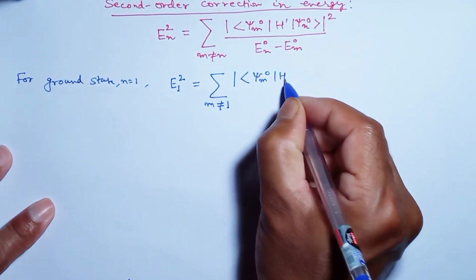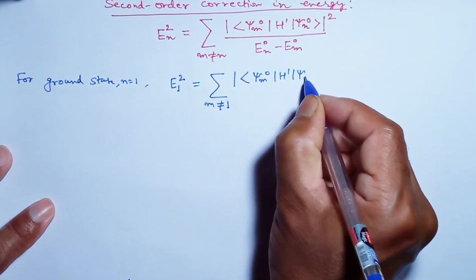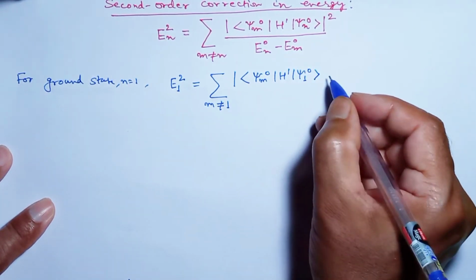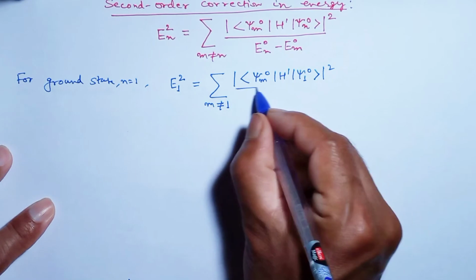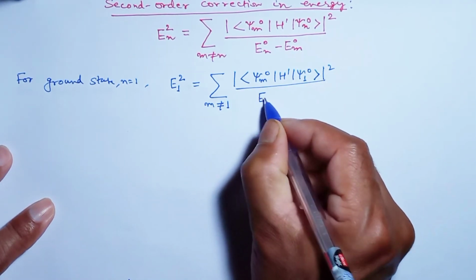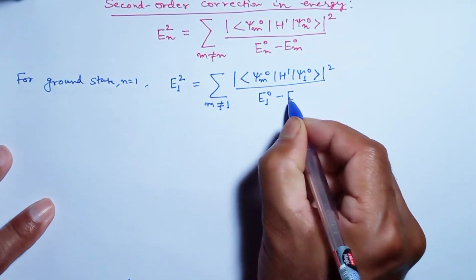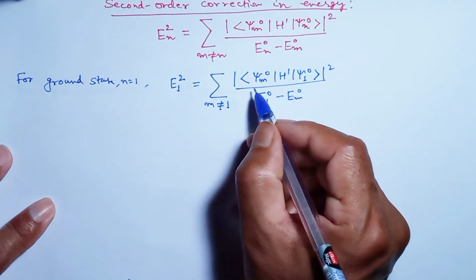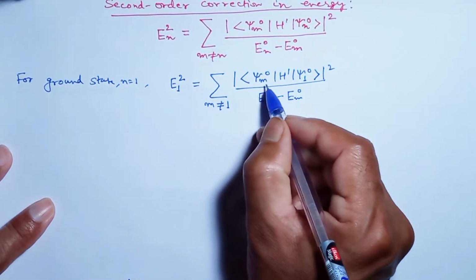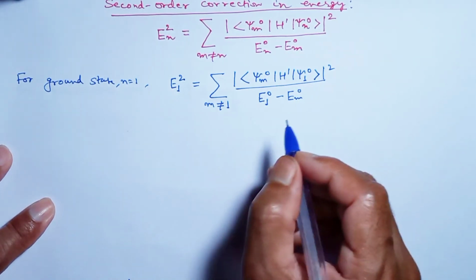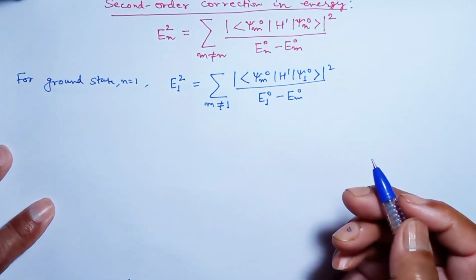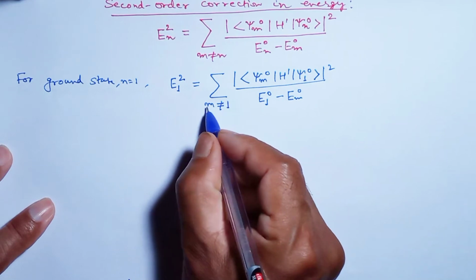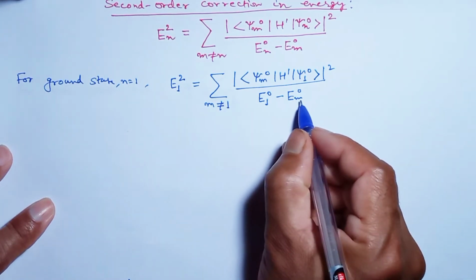Bra psi m0 H prime psi 10 square, divided by E10 minus Em0. This is a square of the mod of bra psi m0 H prime psi 10 divided by E10 minus Em0. M is not equal to 1, so m may be 2, 3, 4.